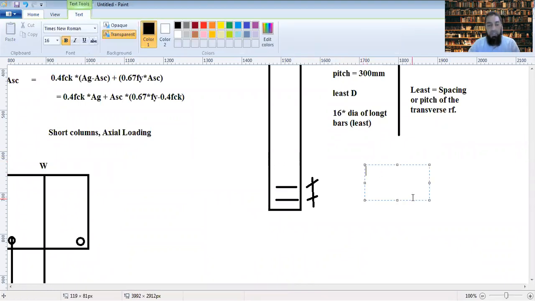What is the diameter of the transverse bar? First of all, we usually take not less than 8 mm. 6 mm was taken earlier, but we usually do not take less than 8 mm diameter.